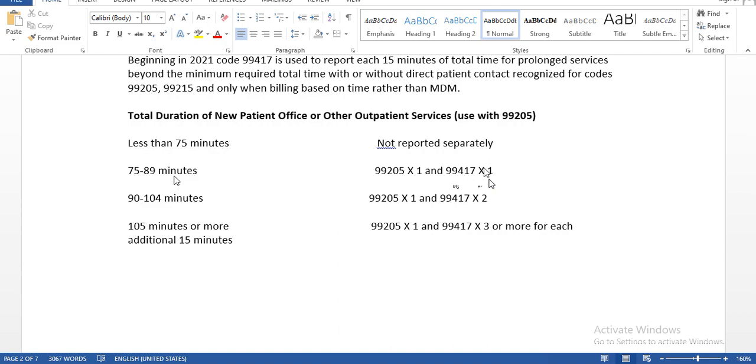So to make it easy to understand, for 99205 the maximum timing is 74 minutes, and our time interval for 99417 is 15 minutes. If we add 74 plus 15 minutes, it leads to 89 minutes. That's why we can code 99417 times 1. If it is 88 minutes also, we can't code 99417, so we keep only 99205.